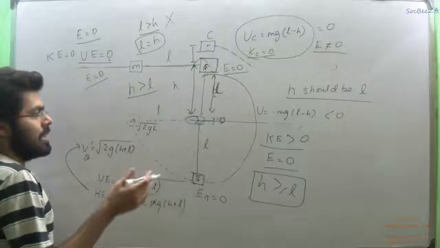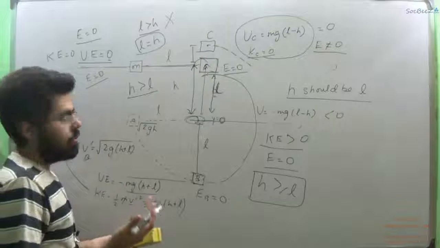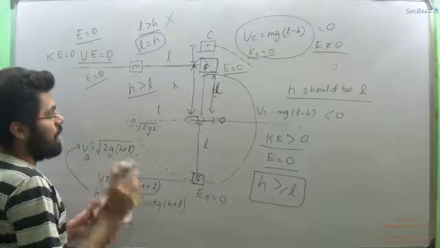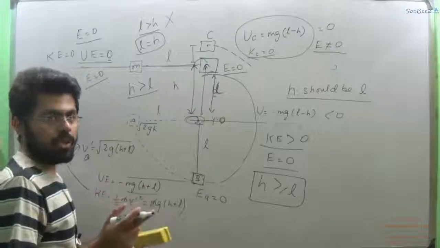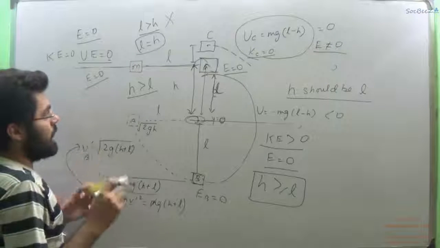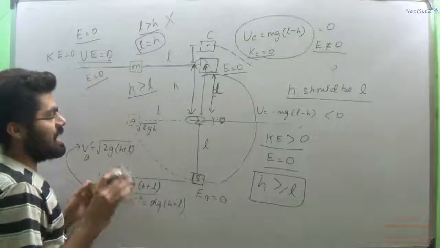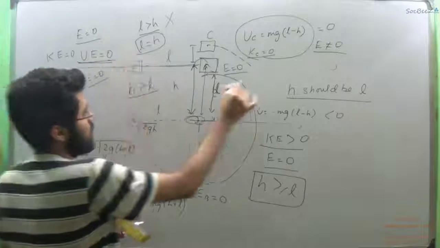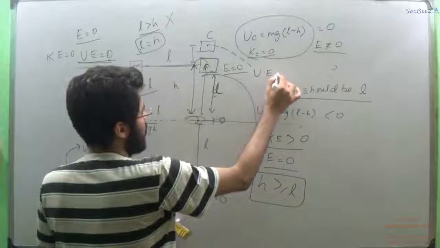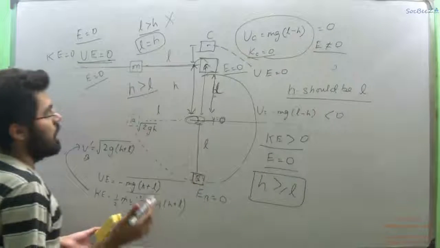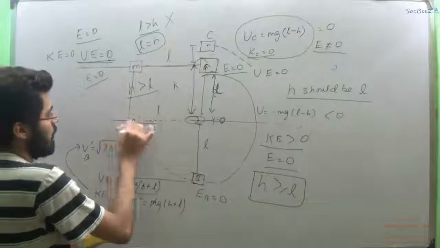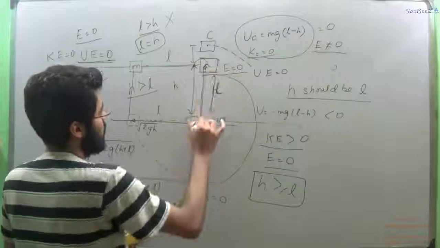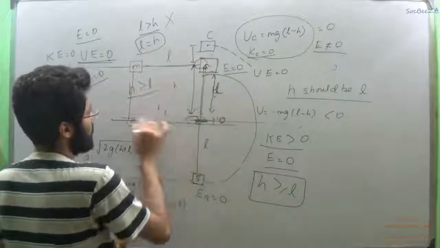And let the extreme case be kinetic energy 0 at both ends. So the only deciding factor is potential energy. So if kinetic energy is 0, then potential energy has to be the same. Now when we are starting from potential energy 0, it means here also potential energy has to be 0. And that is possible only when both the locations are at the same height from the base level.